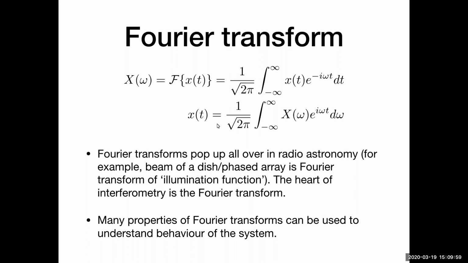And so knowing Fourier transforms reasonably well makes it a lot easier to understand properties of how your radio telescope works, to the point where I've committed a lot of the basic properties to memory, in order to very quickly think about what happens in the interferometric system when you change certain variables.